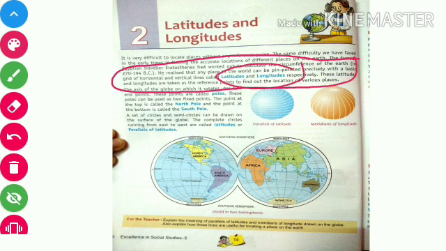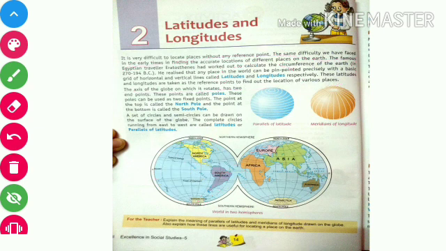So what is grid? When the parallel lines and vertical lines intersect each other and make a network, it is called grid. Look at the picture. This is the vertical line and this is latitude, the horizontal line, making a network called grid. These latitudes and longitudes are taken as a reference point to find out the location of various places.